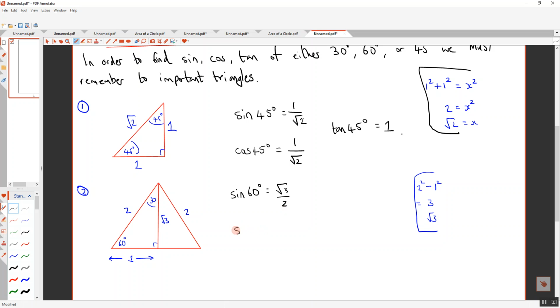What is cos of 60 degrees going to be, Samara? Cos of 60. Yep. Yes. Good. What is tan of 60 going to be, Sam? Root 3 over 1. Yep. So just root 3. Good. So those are our 60s.